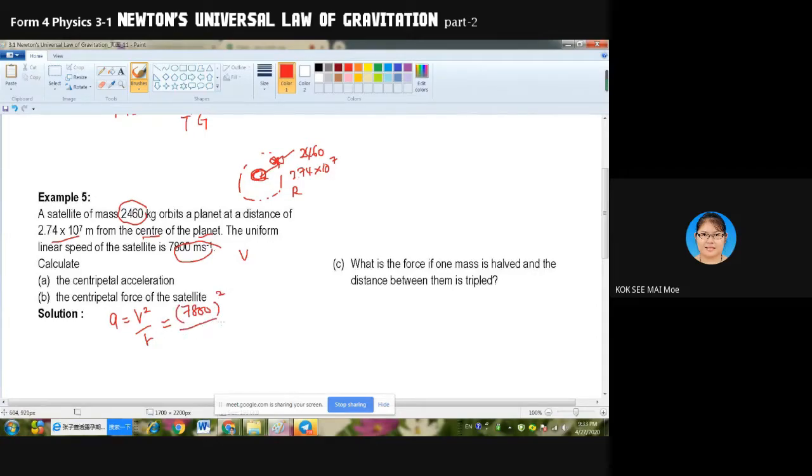Then over the distance, 2.74 times 10 power of 7. So the answer for acceleration is 2.22, unit m s negative 2.